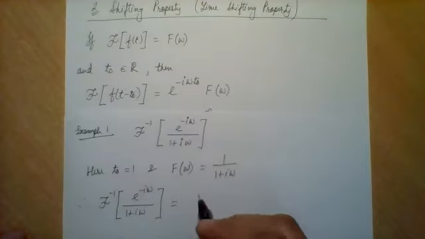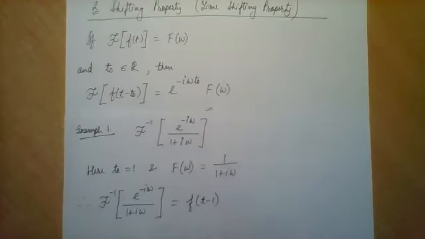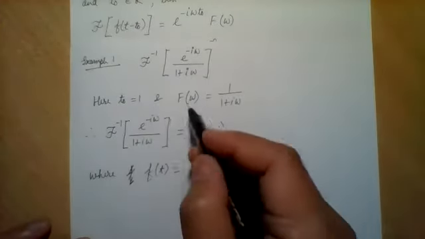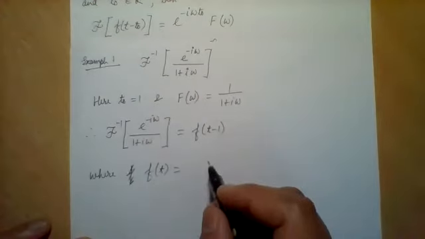So we shall get f of t minus 1, where f of t is equal to the inverse Fourier transform of this.